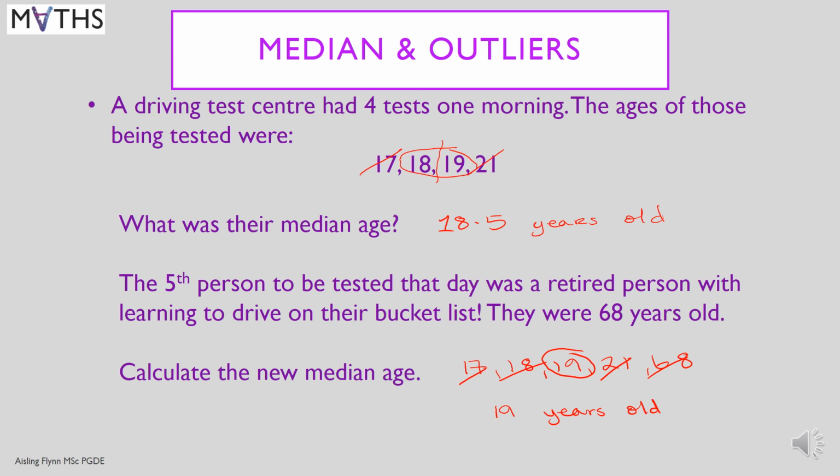So it does have a slight effect in this case on the median, adding in the 68-year-old, but the median is 19 years old. It's not that drastic, and it still describes the main group, most of the people, pretty good. So in that case, when you have outliers, median can be a better choice than mean for getting an average.